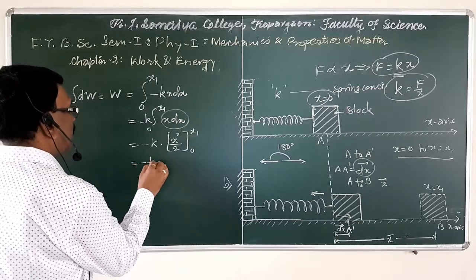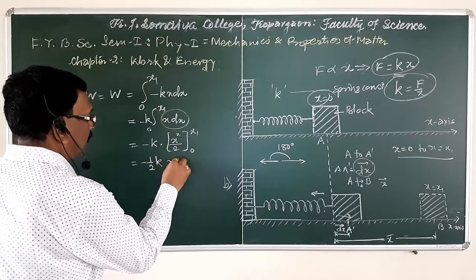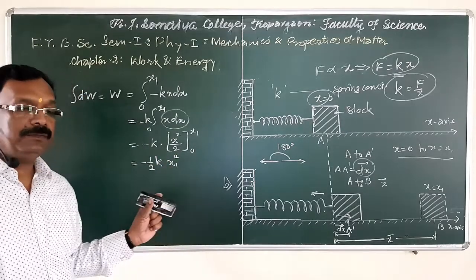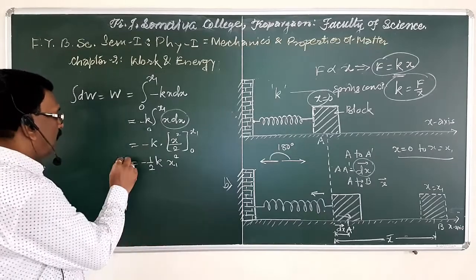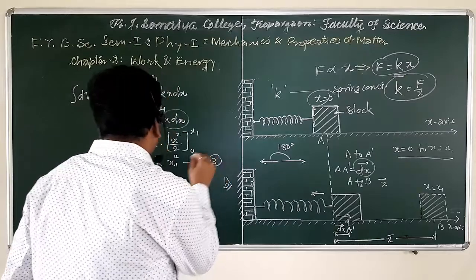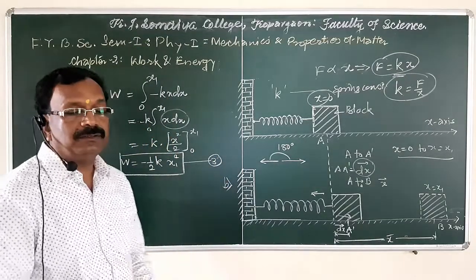Therefore minus 1/2 k x1 square. This is the work done. Suppose this is equation 3. This is the work done for finite displacement.